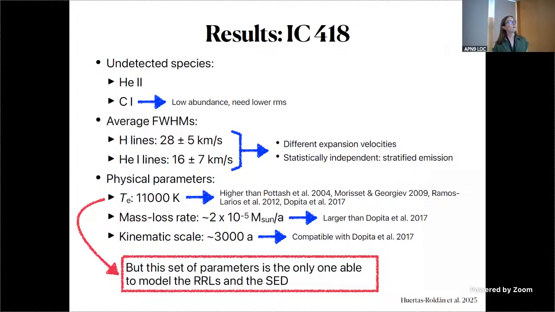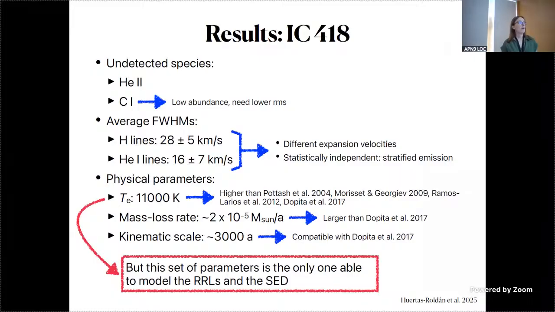We have also compared the full width half maximum values of hydrogen and helium, and we found that these values are quite different. So this could point to the expansion velocity of each species being different, and also that there is some stratified emission around the central star.